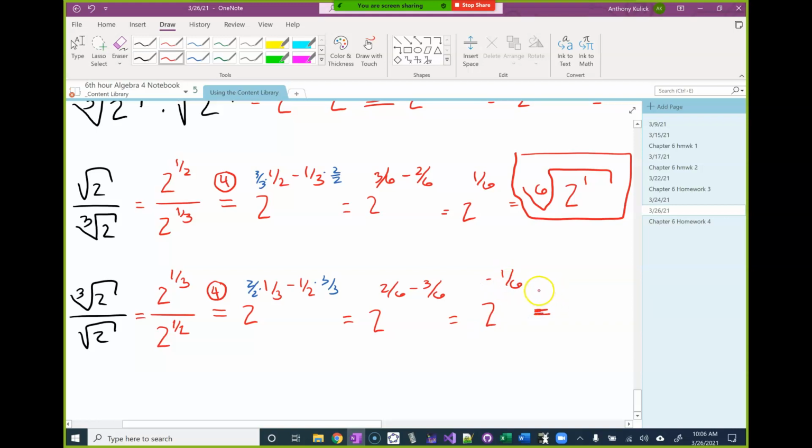I have a negative exponent there, so I'm going to use property 6. That's going to allow me to write that as 1 over 2 to the 1/6.